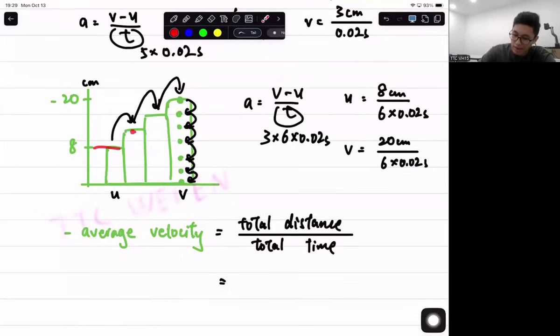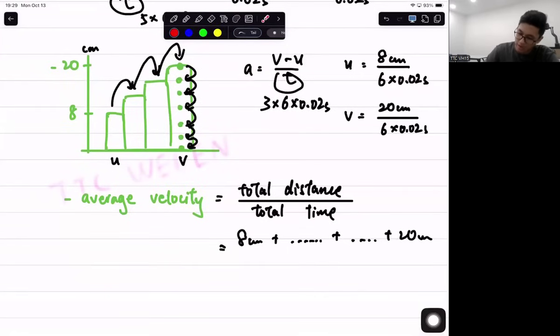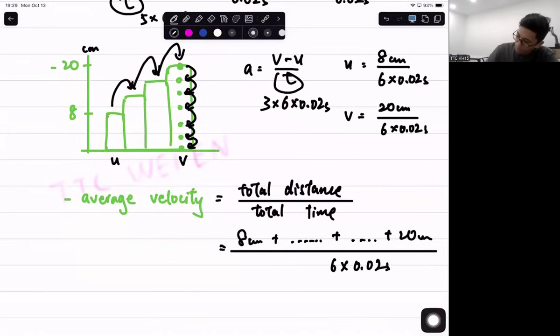Just add up all the lengths together, right? 8 centimeters plus how many centimeters plus how many centimeters plus 20 centimeters, just add all of the lengths up together, okay? The total time, just like I said, one strip is 6 times 0.02, right?